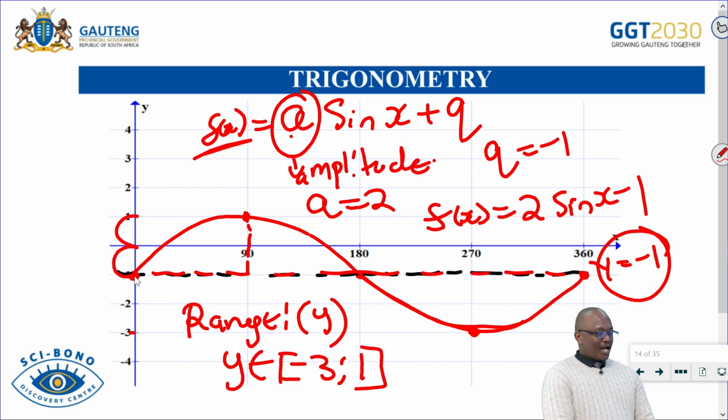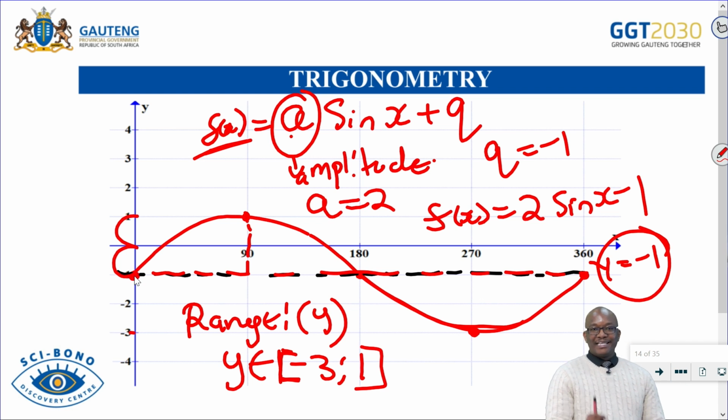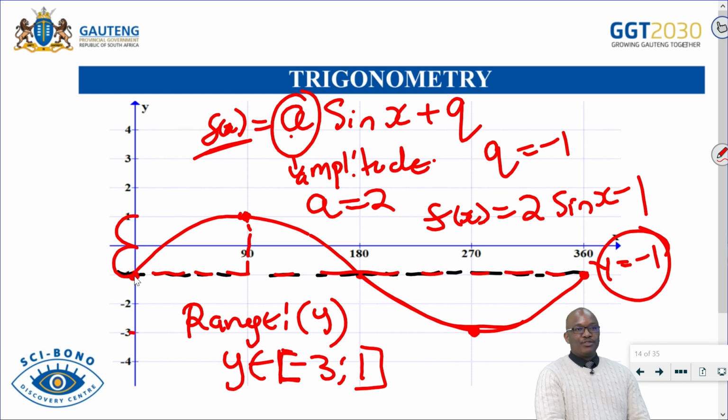Remember, we are putting square brackets because negative 3 and 1 are included. With 90 it is 1, with 270 it is negative 3. They are included, those values. So that's how you sketch your graph of sine, having A and P affecting your function there.